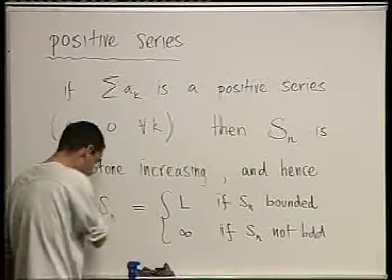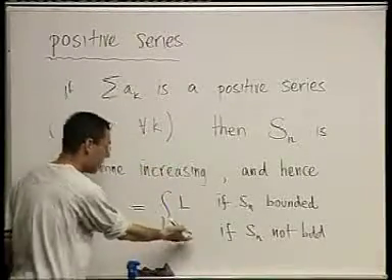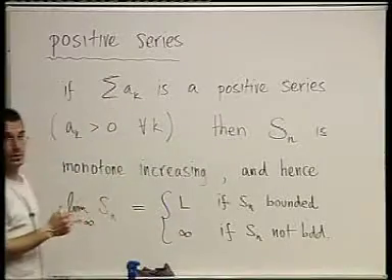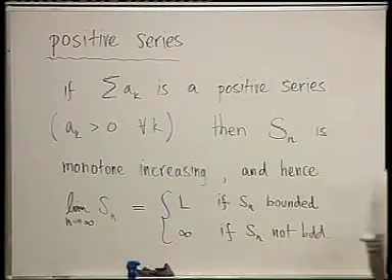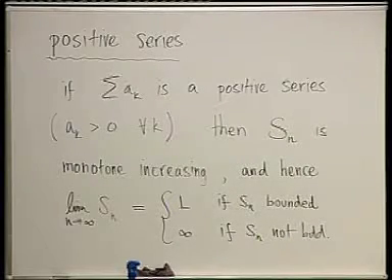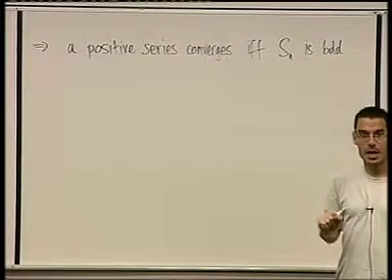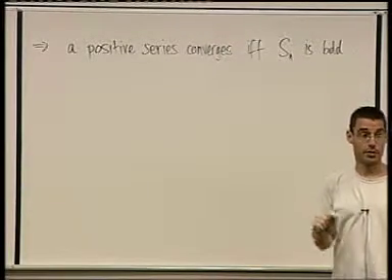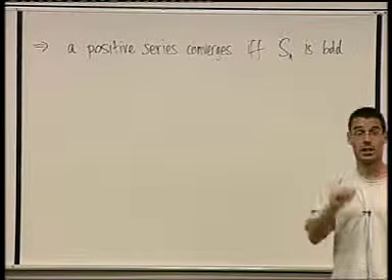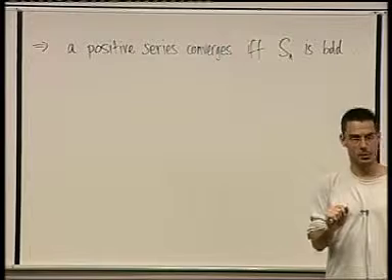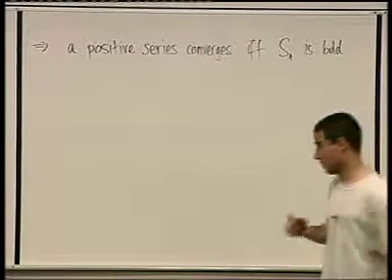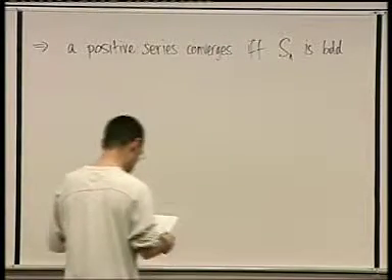And in particular, they don't have a limit, or their limit is infinity, and therefore this diverges. Good? Okay. So a positive series converges if and only if Sn is bounded. Sn, not An. An has to go to 0 for it to converge. And that's not an if and only if statement. That's only an only if statement. It's a one-directional statement.